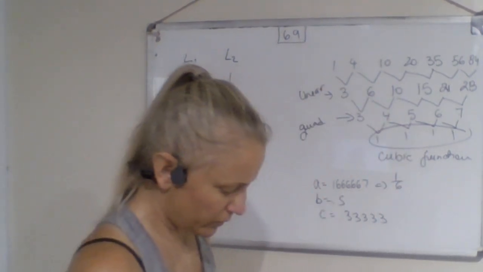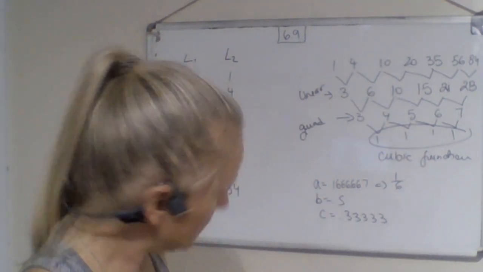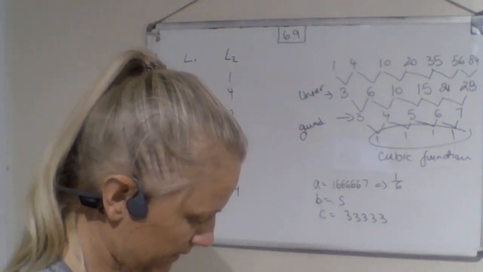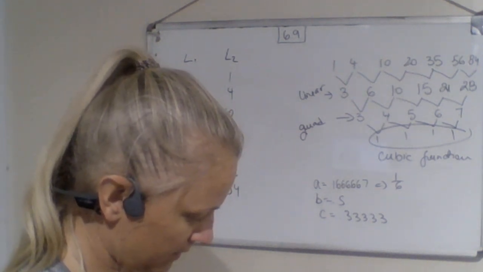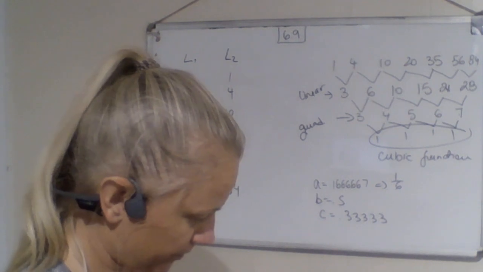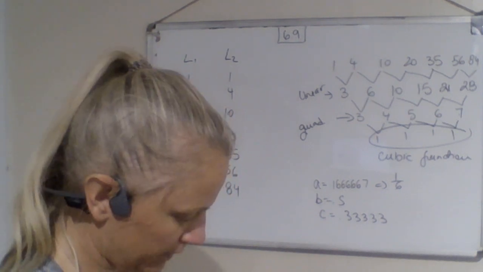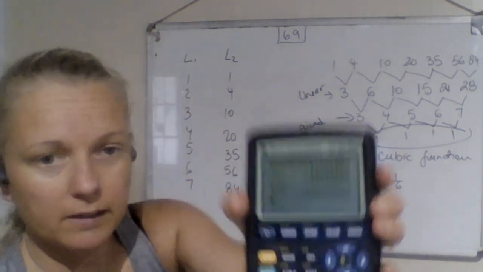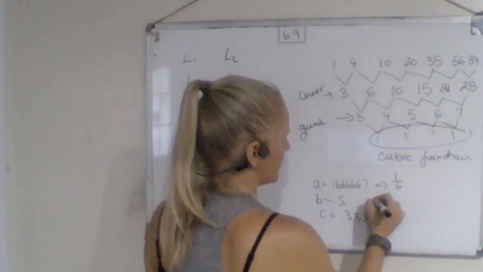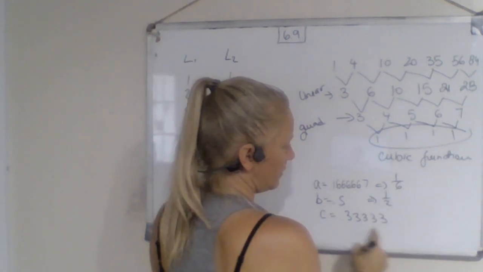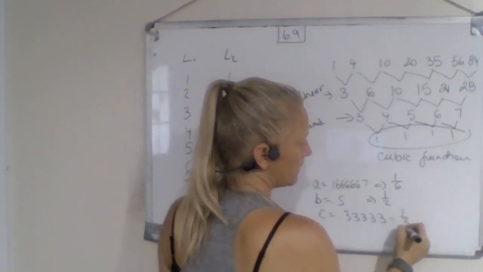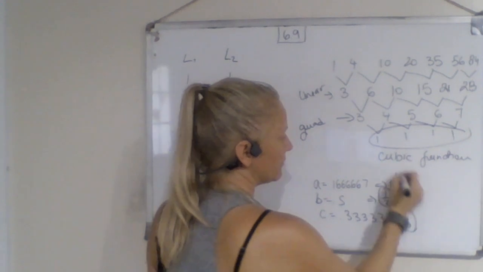Well, there's 2 ways to do this. If I go 1 divided by 6, that's what I get. So it's 1/6. And then 0.5 is 1 over 2. And 0.333 is 1 over 3. These are fractions that we should be familiar with.